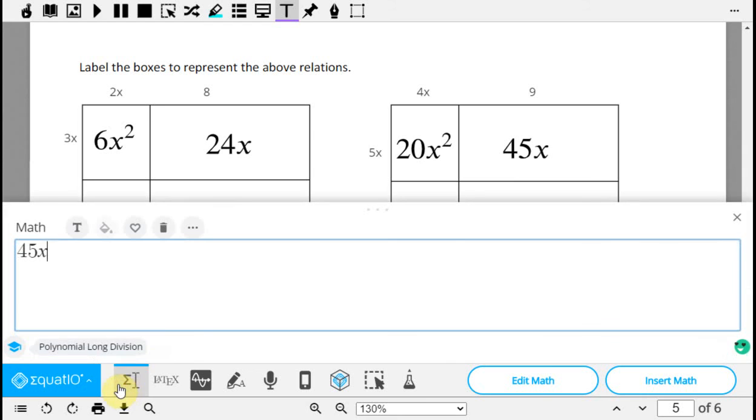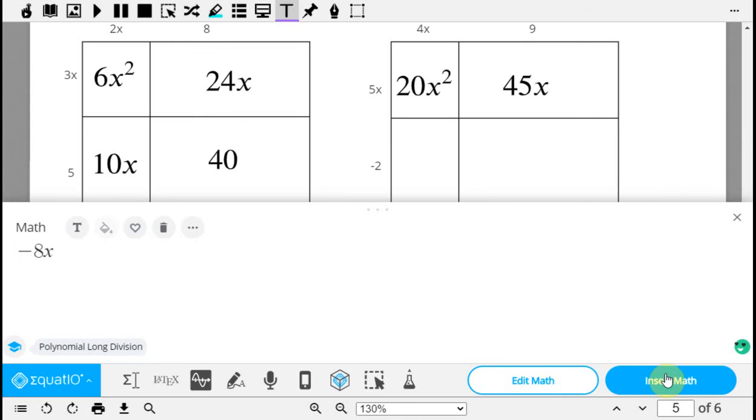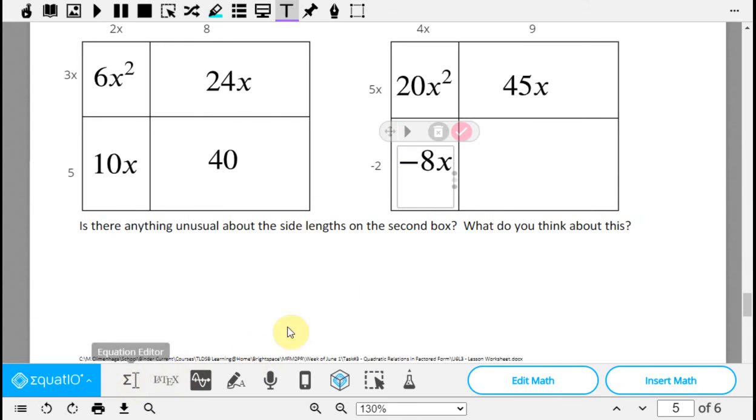Minus 2 times 4x is minus 8x. And minus 2 times 9 is minus 18.